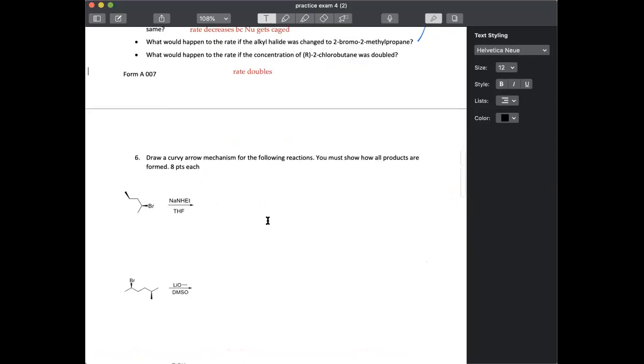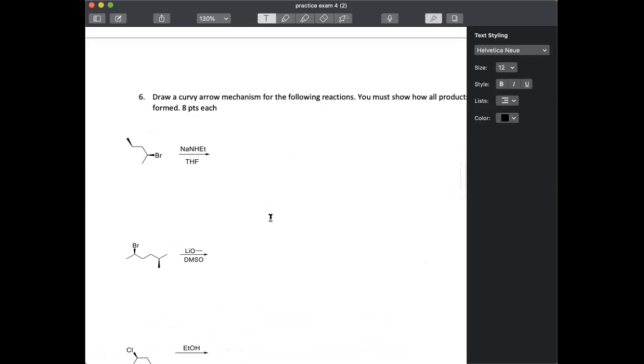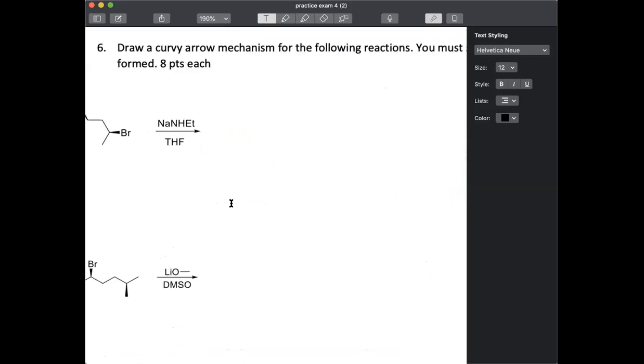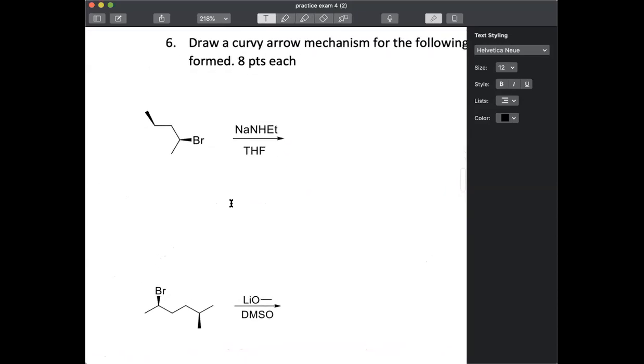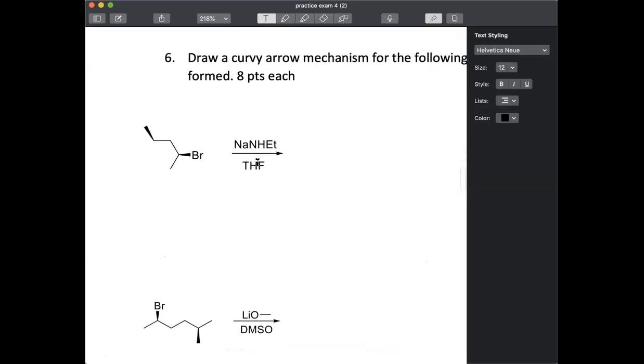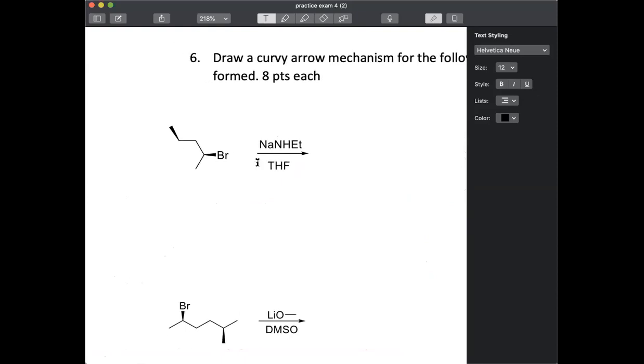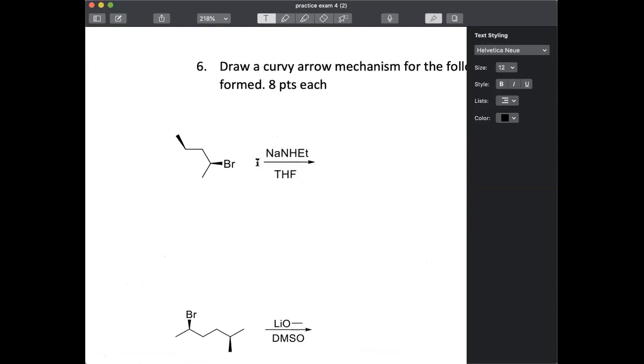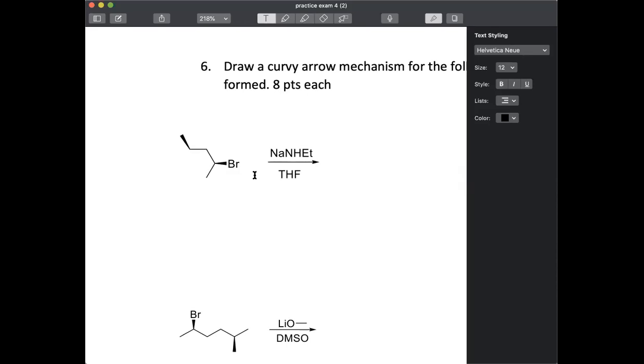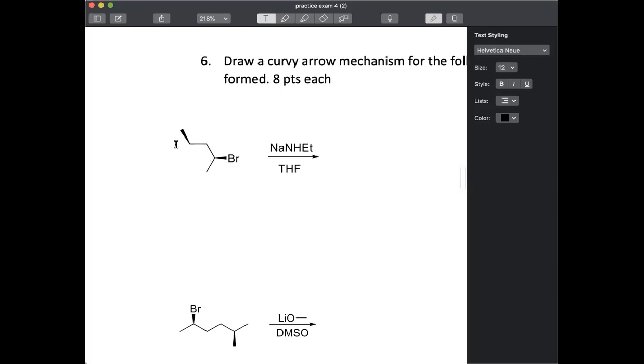All right, so next one, mechanisms. You guys tell me what pathway is this going to go through? Not SN2.